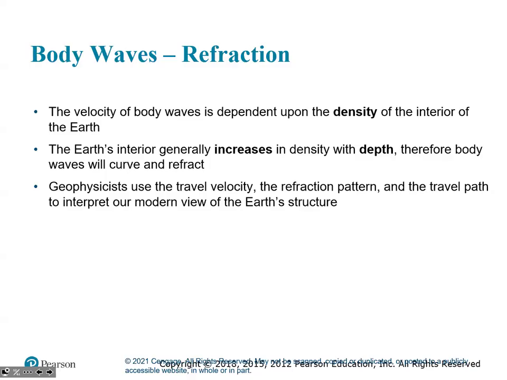And geophysicists can use the travel velocity, the refraction pattern, and the travel path to interpret our modern view of the Earth's structure. We have a pretty good actual understanding of what's inside, including some things we're not going to show in this. We're going to show an idealized model of the Earth's structure where it's made of a series of balls. But in actuality, there are weird, big, lumpy things, and it's much more chaotic.